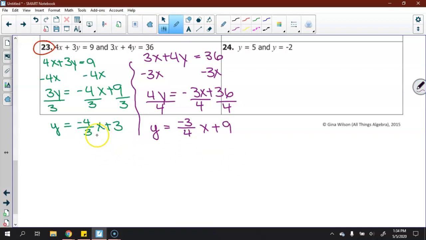All right, so now that I've got those reordered, these are my two slopes. Now they're not the exact same, so they're not parallel. They're reciprocals, but they're both negative. See how both negative? That means they're not perpendicular either. So this is a neither, because it doesn't fit into either of those two categories.